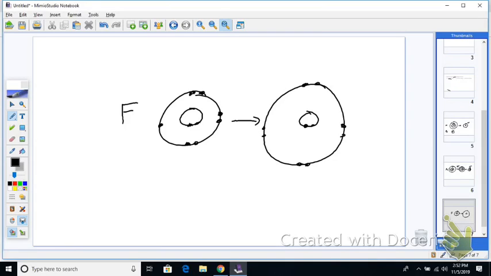It gets bigger. The reason it gets bigger is because now you've got more electrons wanting to repel each other, and so they push out. So this is fluorine going to fluorine minus 1. So anions get bigger as they add more and more electrons, because as you're adding more electrons, there's more repulsion taking place between those electrons in that level.